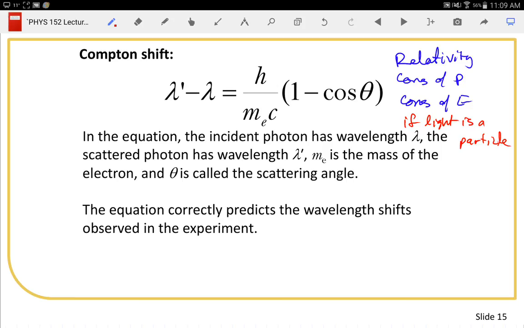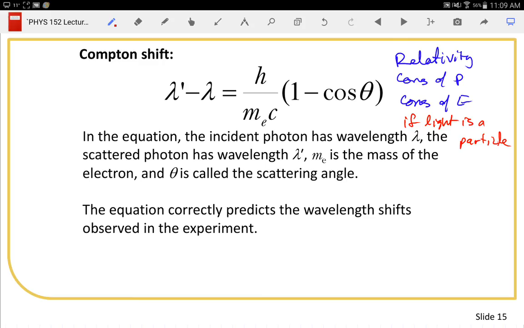Now, if we look at this in proper time context, in 1922, relativity, both special relativity that we learned and general relativity, had both been developed. So relativity was already known. And the idea of light behaving as a particle was already known.